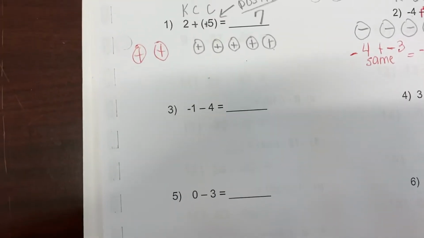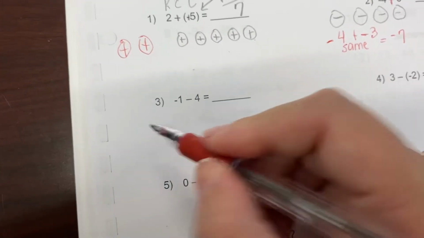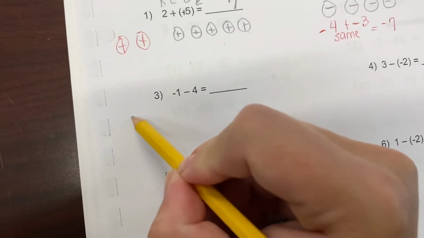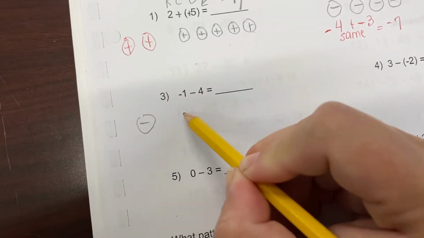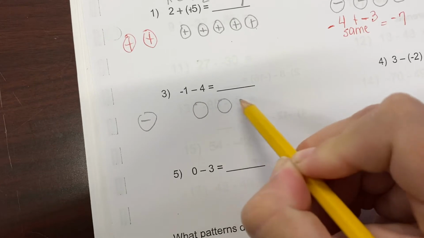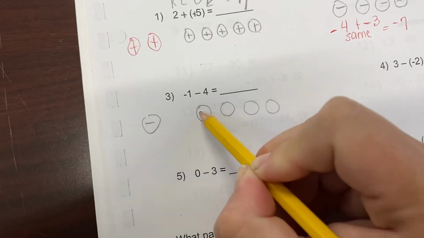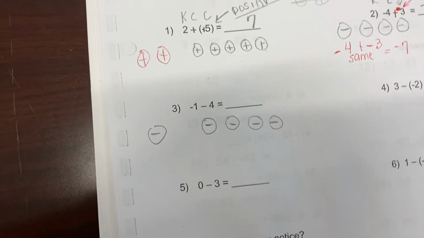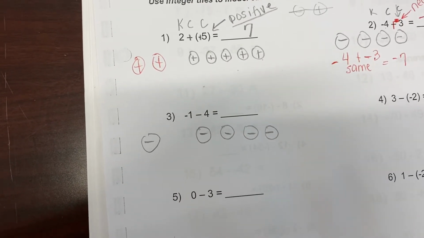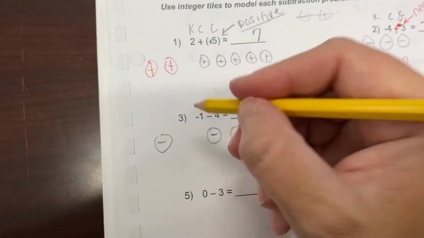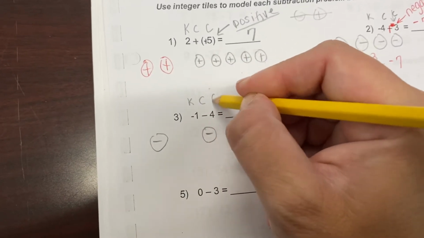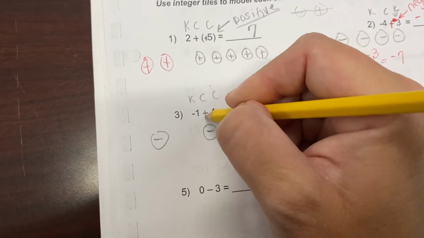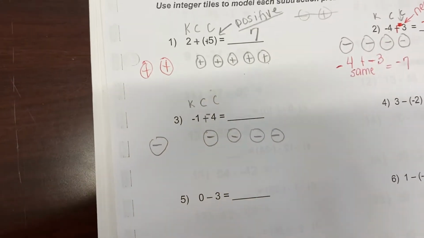Okay, let's do this one. So we have -1. Here's my pencil. -1, I have 4 negatives: 1, 2, 3, 4. What should I write next? What should we write above, which we've been doing on all of them? Keep, change, change. I keep the -1, I change, and a -4.